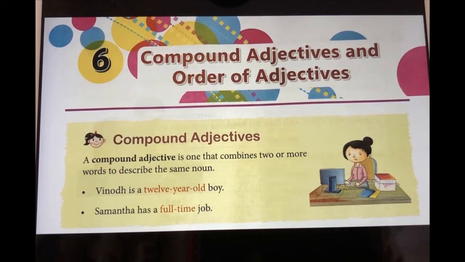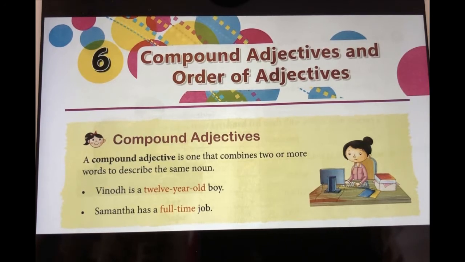Vinod is a 12-year-old boy. In this sentence, you can see that 12 is a different word, year is a different word, old is also a different word. And mixing together, we have here a compound adjective, which is describing the noun Vinod. In the next example, you can see Samantha has a full-time job. Full is a different word, time is also a different word.